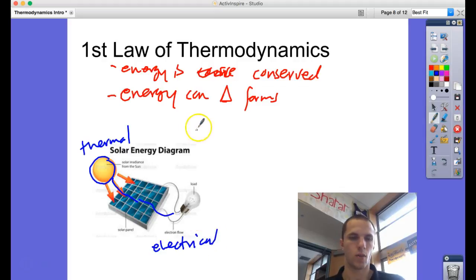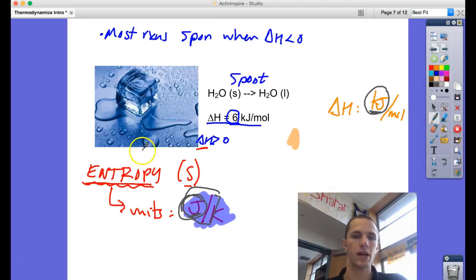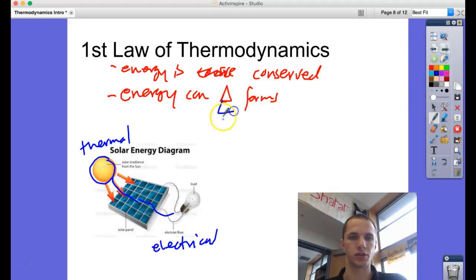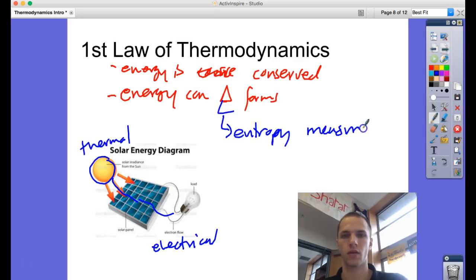We can do this for mechanical energy or kinetic energy or potential energy. Energy always changes forms. And what entropy measures is how it is changing. Entropy measures the change in forms of energy.